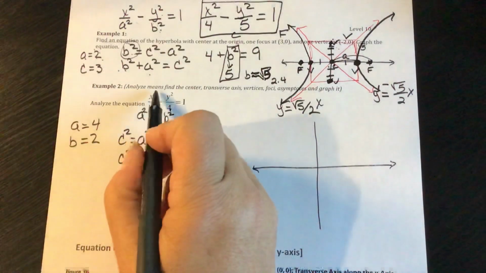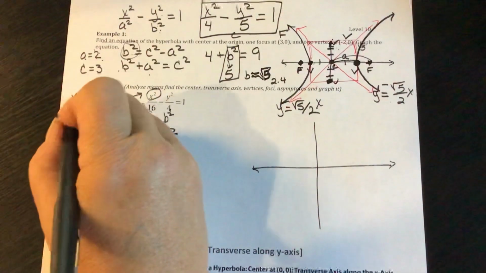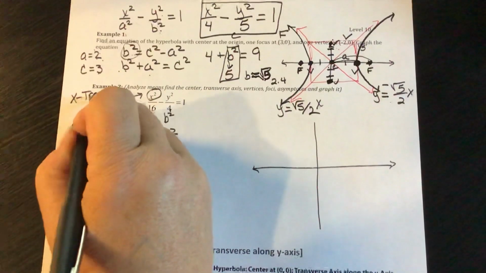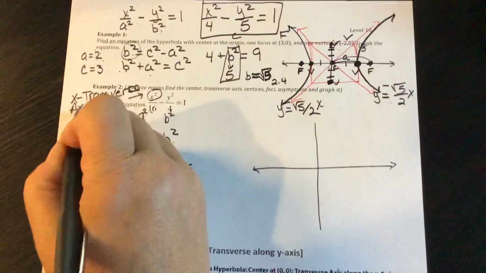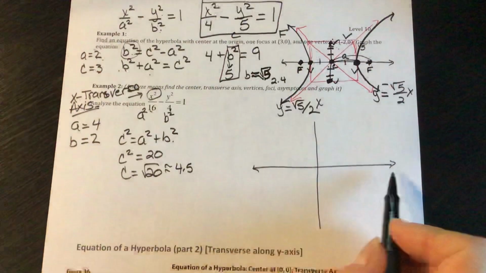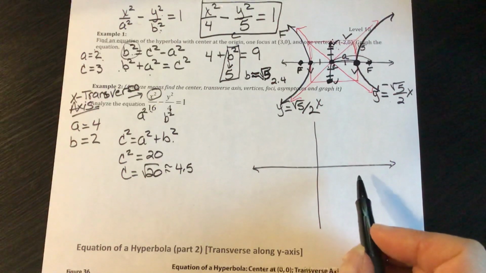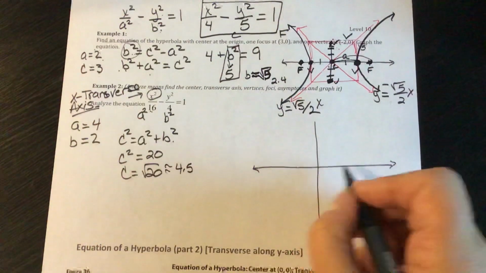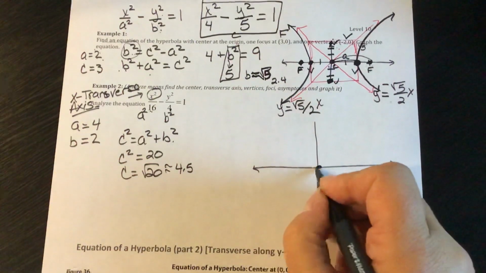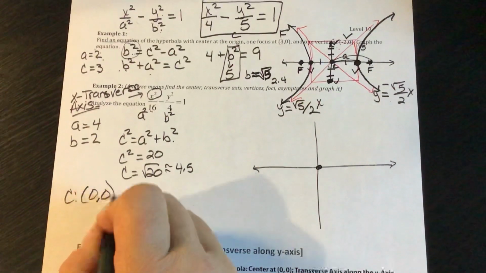And because x squared comes first, my x is the transverse axis. Kind of like the major axis in the ellipse, it's the important one. So that means everything that I'm going to put here is on the transverse axis. My center is at the origin.